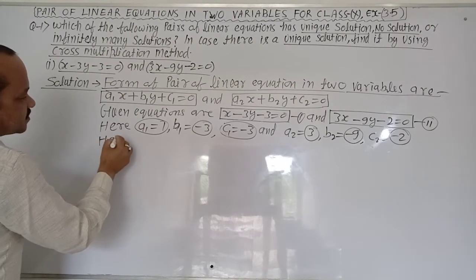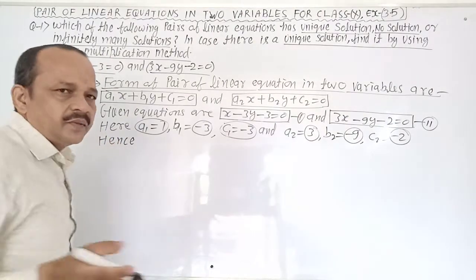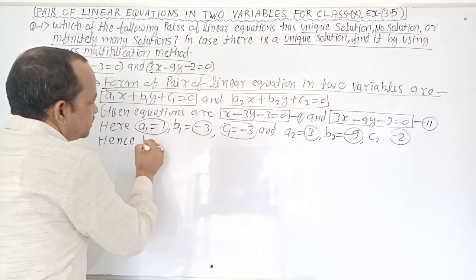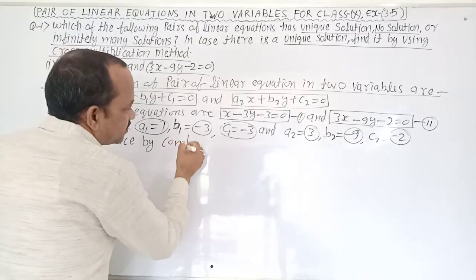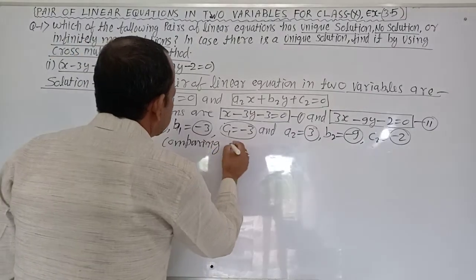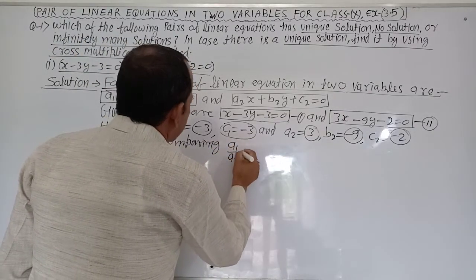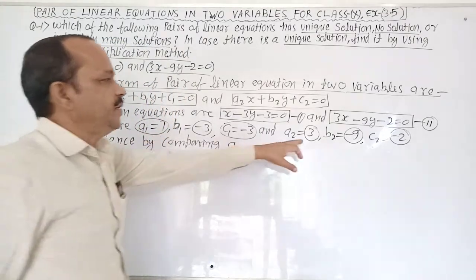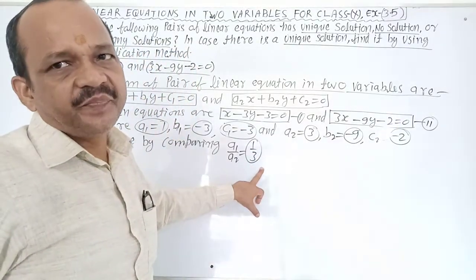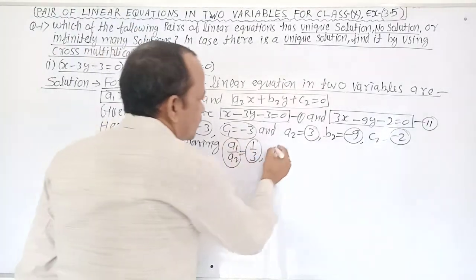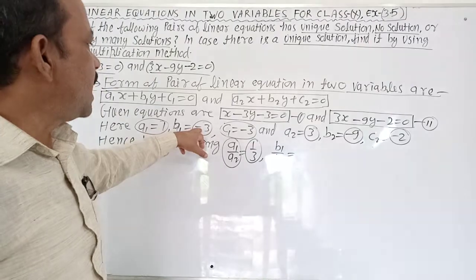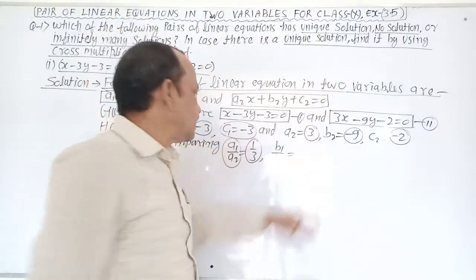Hence, comparing: a1 by a2 equal to 1 by 3. b1 by b2 equal to minus 3 upon minus 9.